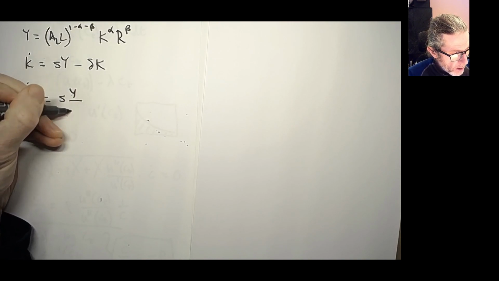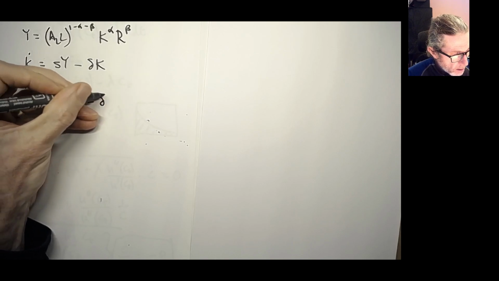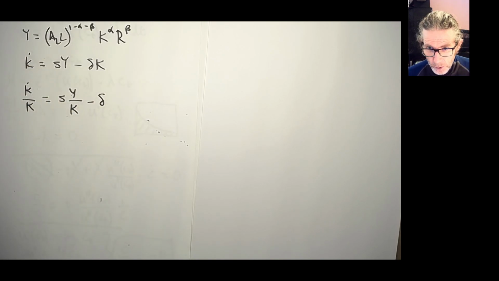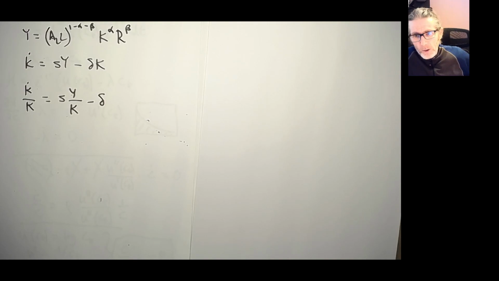But K dot over K, of course, is sY over K minus delta. We'll go back to the math shortly, but why do we look at balanced growth at all? Well, it's fundamentally this idea from looking at the Solow model that we can start with the capital slightly out of kilter, slightly too much or slightly too little, or even a lot too little, but within about 20 years we're going to be pretty much on the balanced growth path.